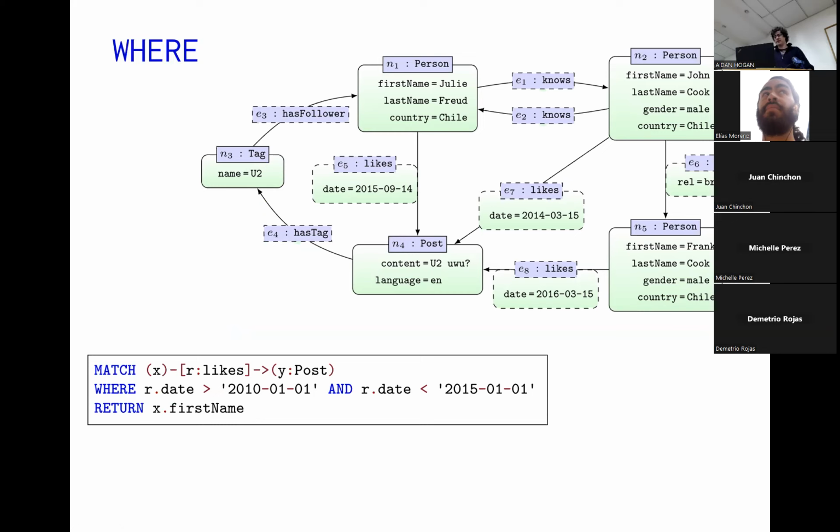Sorry, the end of 2014. So if we look at our query here, we see that this likes relation here seems to be okay. Seems to match our where. So we would return the first name. We would return John for this. We see that this likes relation here is too late. So we ignore this one. And we see that this likes relation here is also too late. So we'll just get one result, which will be John.